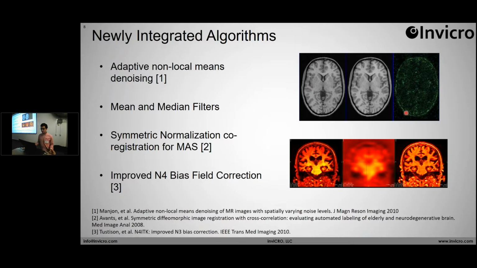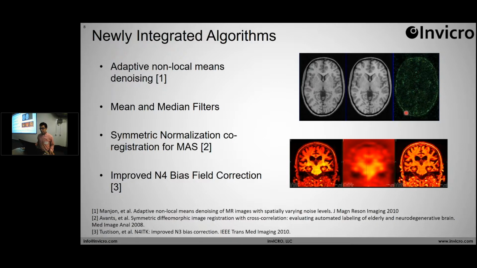It's been very robust for us, and in papers that have assessed different registration algorithms side by side and pitted them against each other, it's come out on top in quite a few cases.